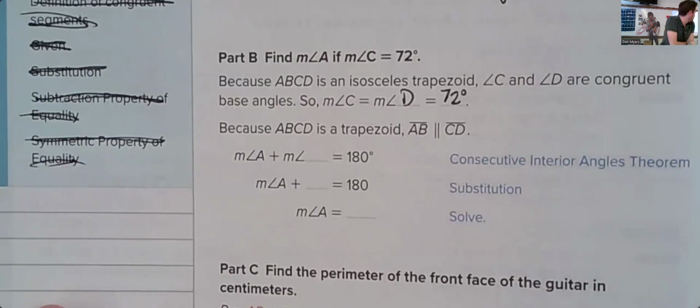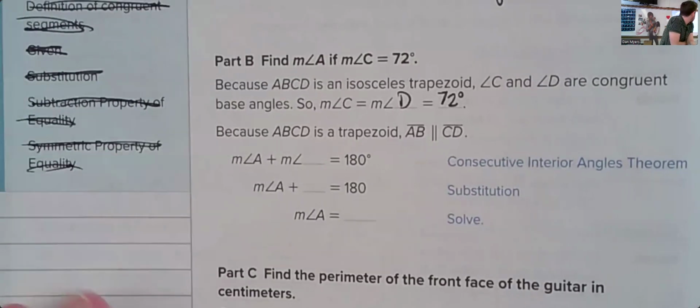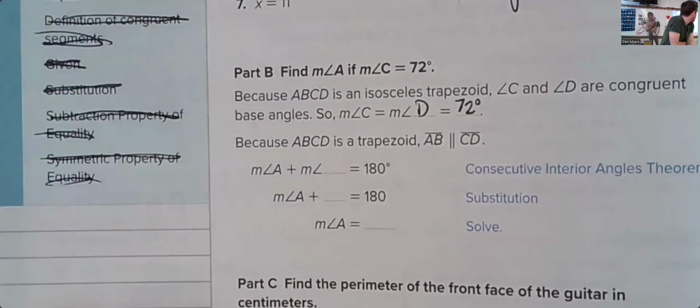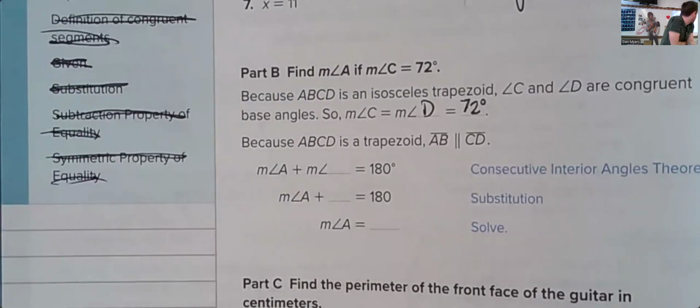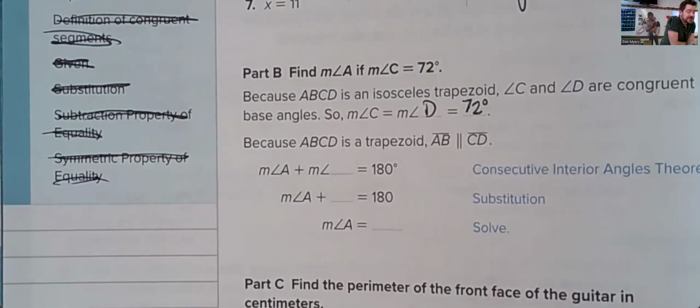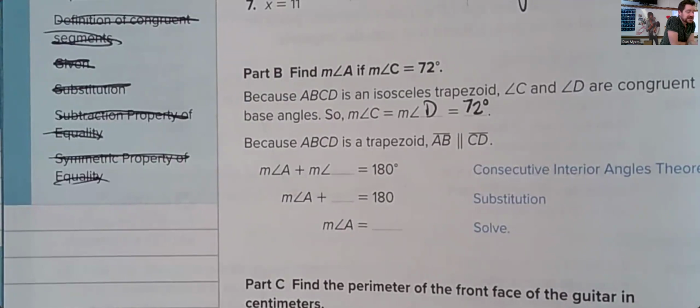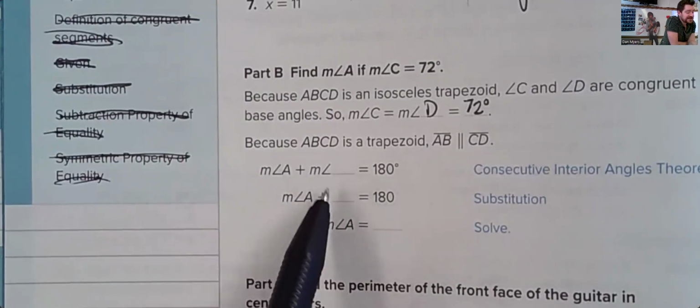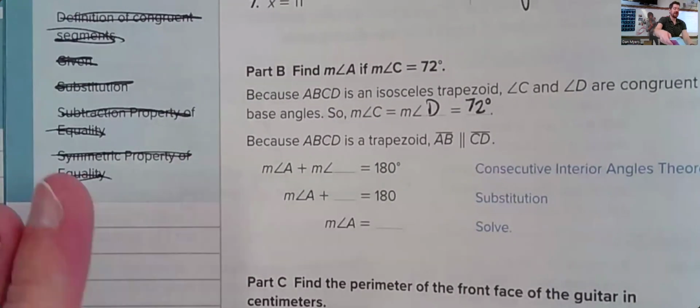Because ABCD is a trapezoid, that means that segment AB is parallel to segment CD, which means that the measure of angle A plus the measure of angle something else equals 180. Look at the diagram here.